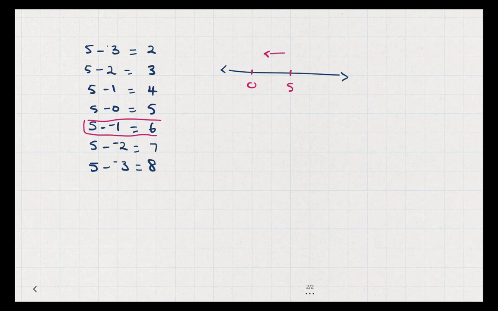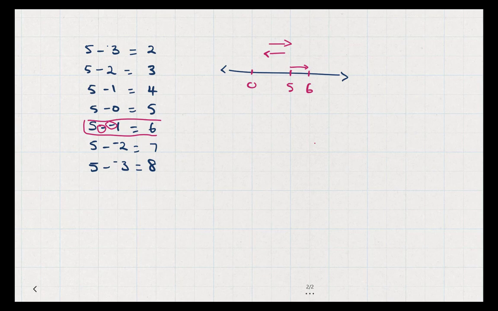But straight after a minus, I come across another minus. And every time I hit a negative, I need to change directions. So this direction refers to the first minus. I've hit a second minus, so I need to change direction again, which results in moving in the positive direction by 1 unit to take me to 6.